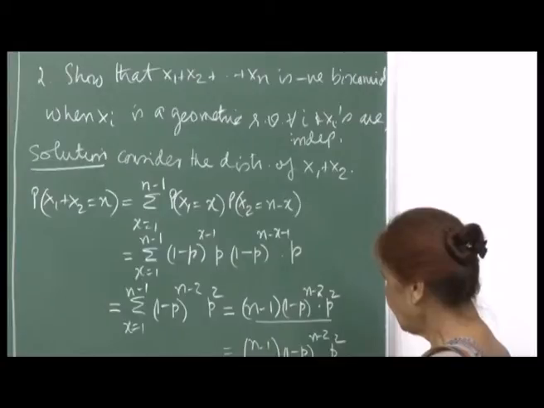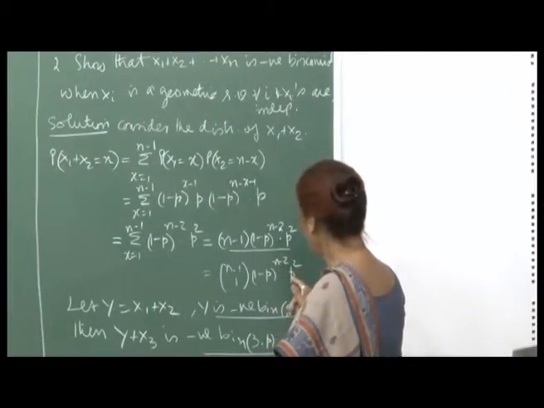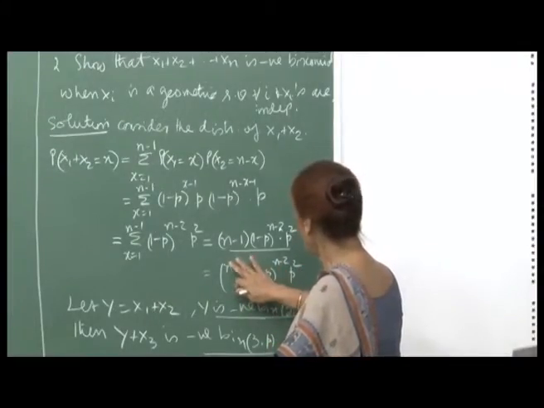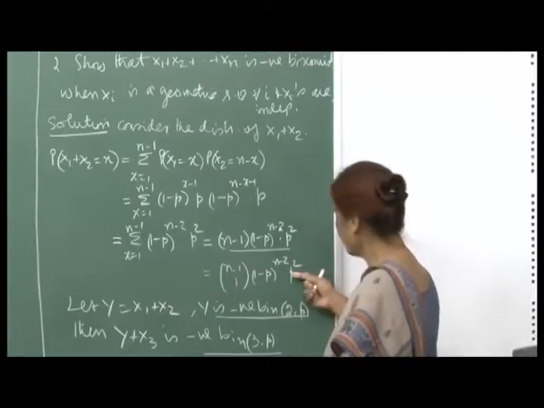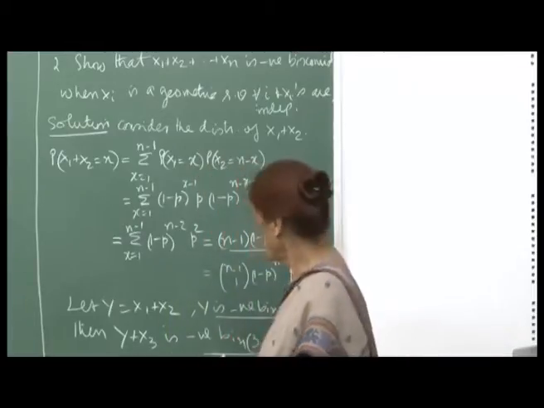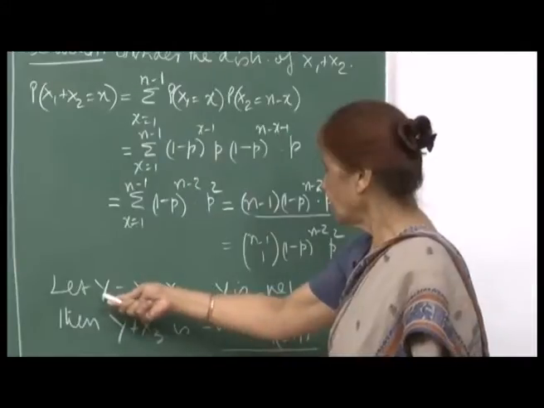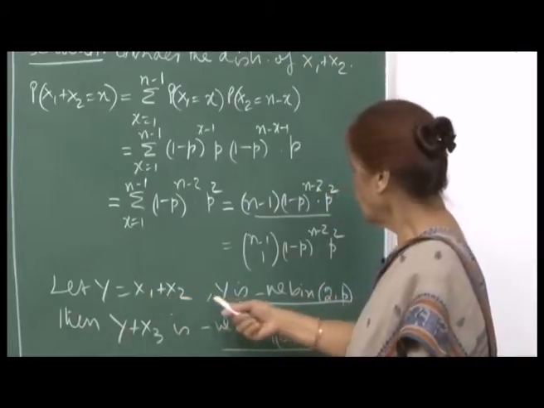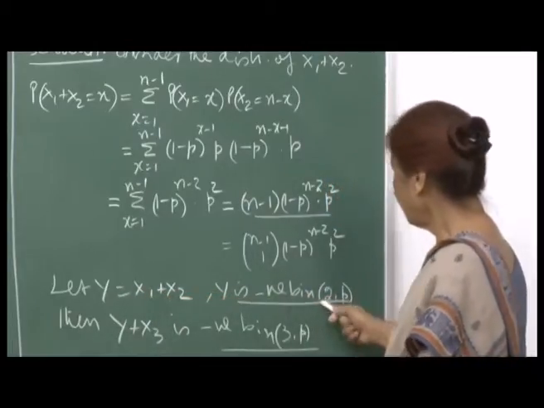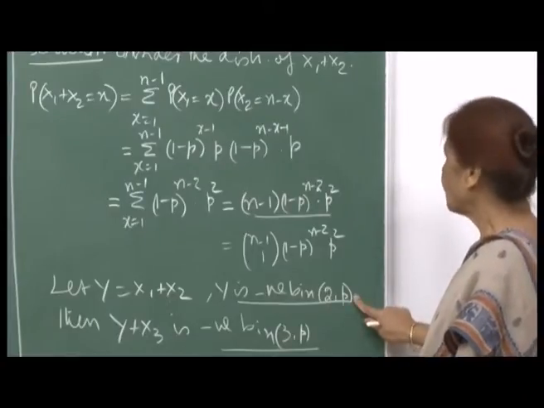Therefore you can write this as (n minus 1 choose 1), then (1 minus p) raised to n minus 2 and p squared. So one success occurs anywhere in the n minus 1 trials, and then one success occurs at the end, and therefore this is the probability of 2 successes in n trials. So if you let Y be equal to X1 plus X2, we have shown that Y is negative binomial with parameters 2 comma p. The probability of success is p.